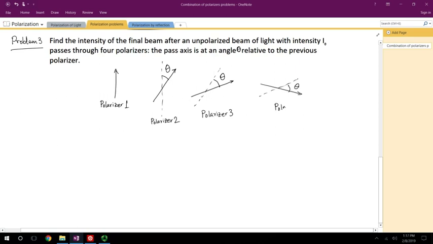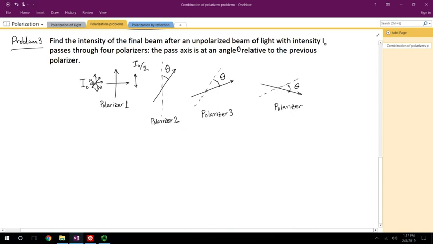Okay, and we are expected to then find the intensity at the end. So we start with an intensity I naught over here. We know that the initial beam is unpolarized, right? When that beam passes through the first polarizer, we are going to get a polarized beam with intensity I naught over 2.